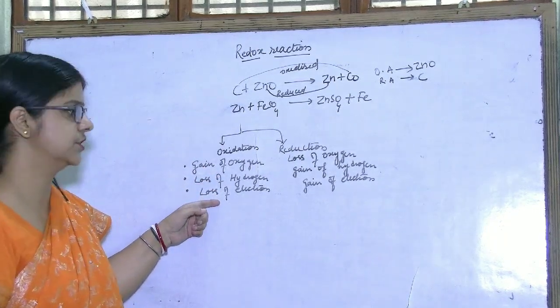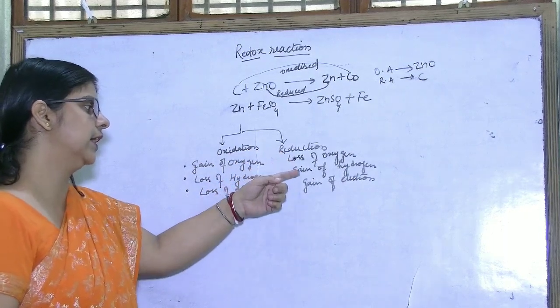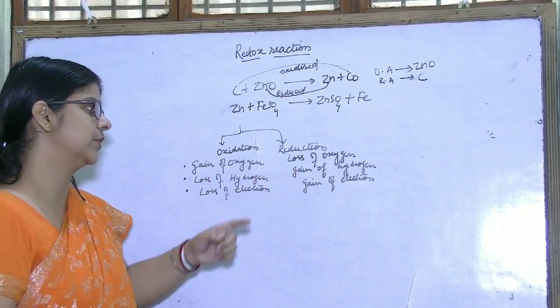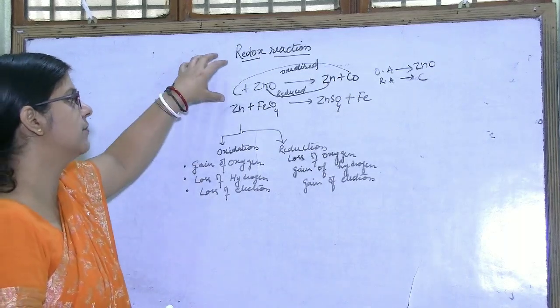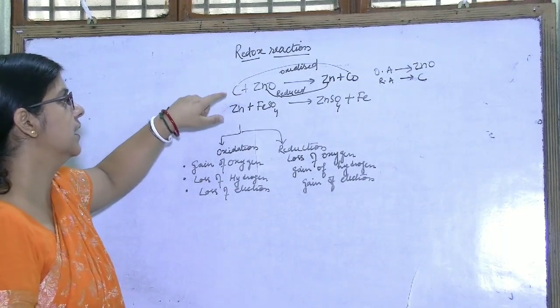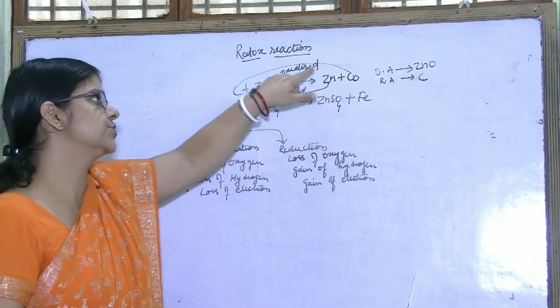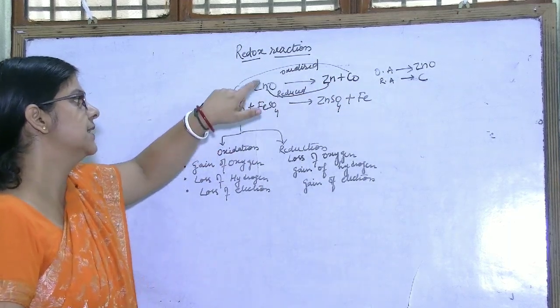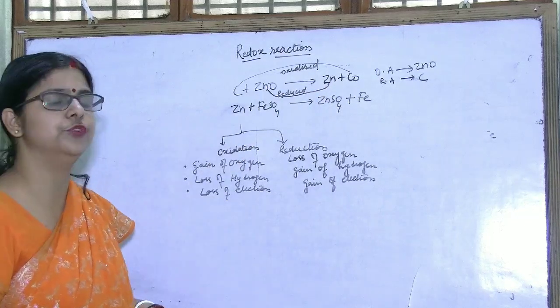Reduction is loss of oxygen, gain of hydrogen or gain of electron. Here we have taken two examples, and we can see that carbon is gaining oxygen, so it is being oxidized, and zinc oxide is losing oxygen, so it is being reduced.